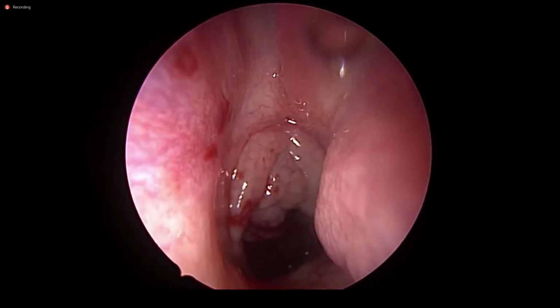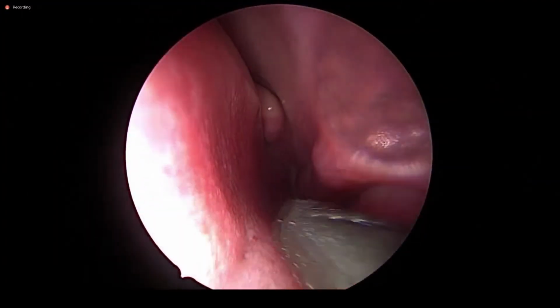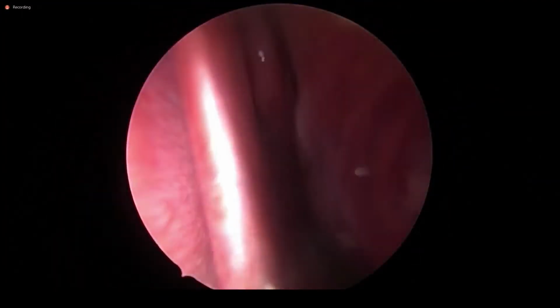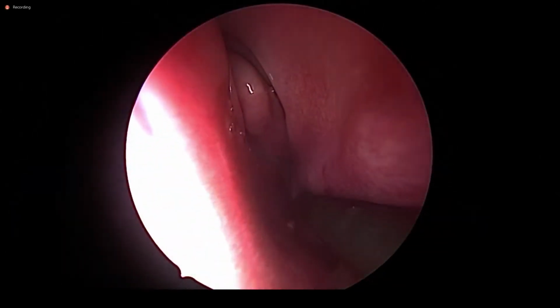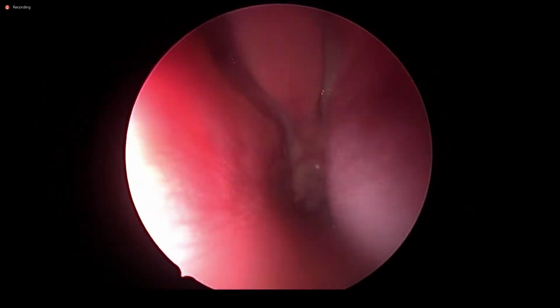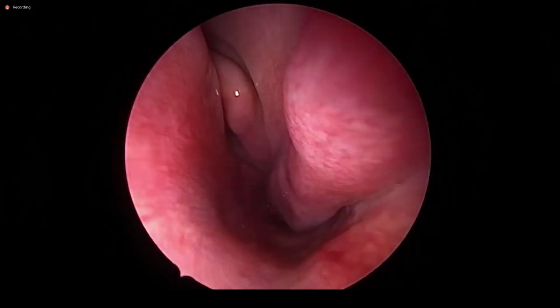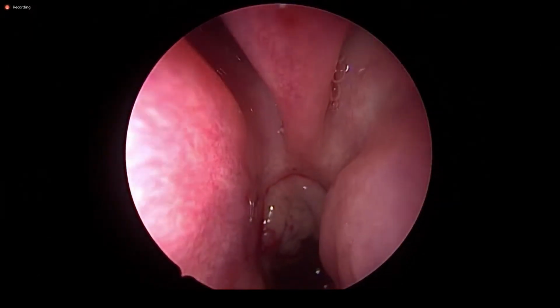Now my surgical exercise will start with removal of the adenoids, which I will accomplish in 3 phases. 3 phases means the goal is comprehensive removal. My first phase is gross removal of the adenoids.